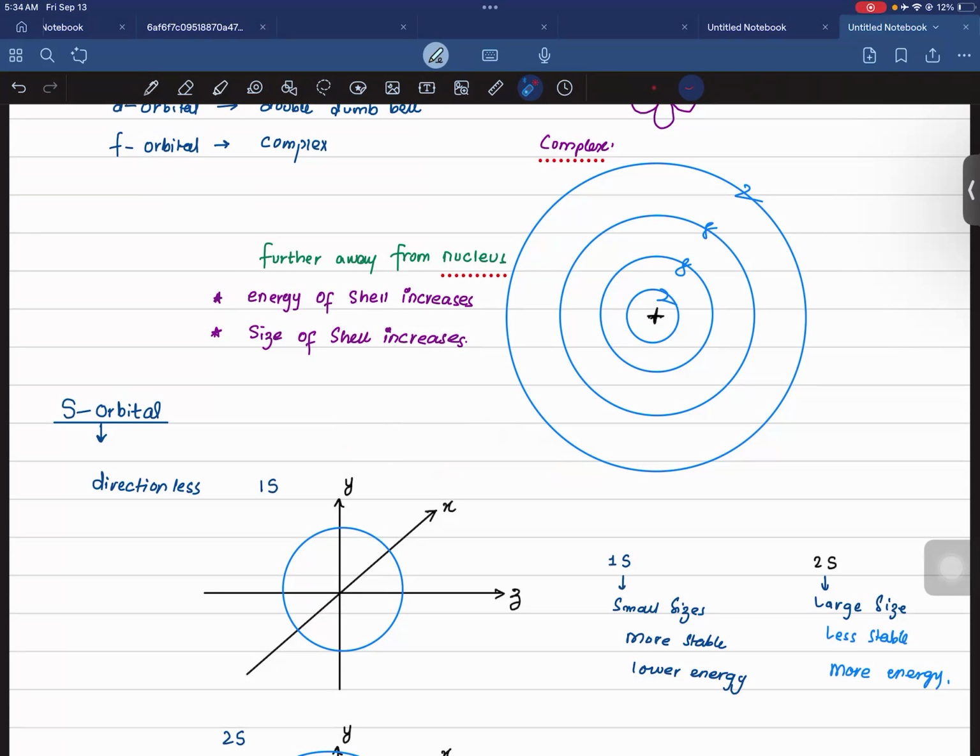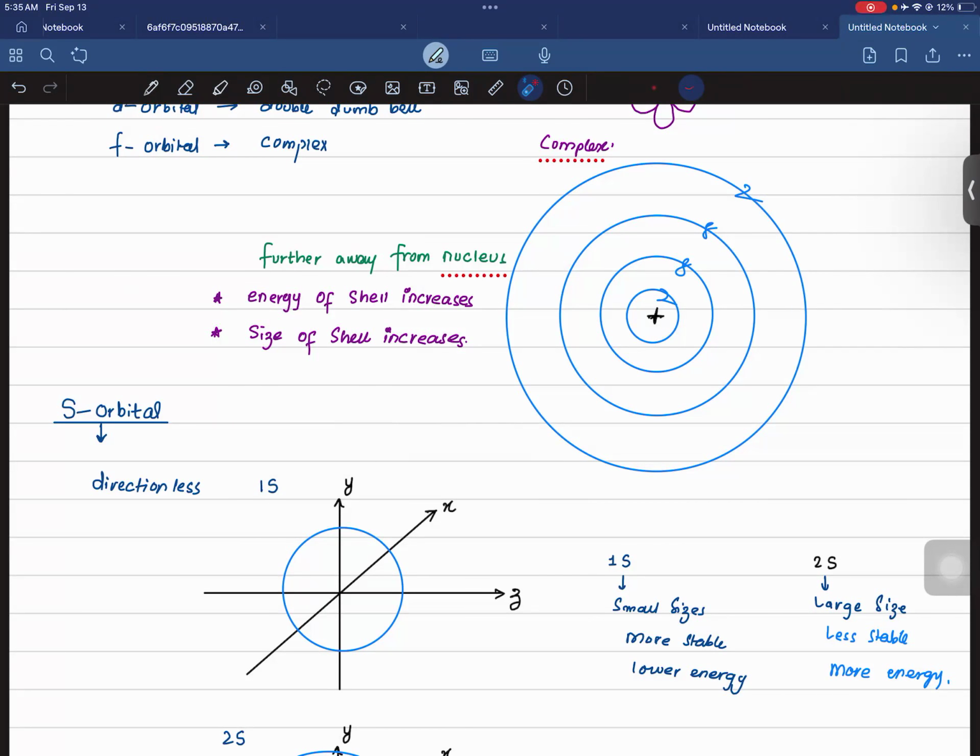The thing is that you are supposed to fill that shell which has a lower energy. Let's suppose I have a meal and you have been hungry for 7 days and I have been hungry for 30 days. Obviously, I have the lowest energy, so I need the meal first.